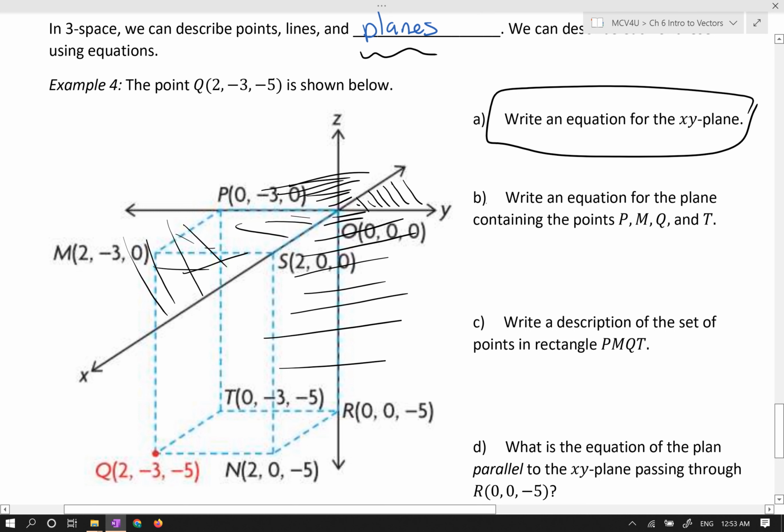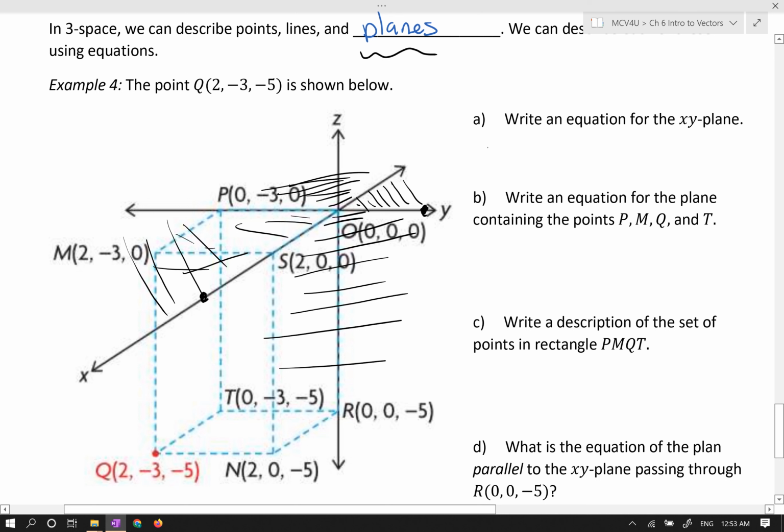Now, there is one coordinate that all of these locations share, and that is the z coordinate. If we're looking right on this plane, then our x coordinate could be anything and it could fall on this plane. Our y coordinate could be anything and it could fall on this plane. But as soon as our z coordinate changes, then we go above the plane. That might seem a little bit tough to visualize. That's okay. We'll get there with practice.